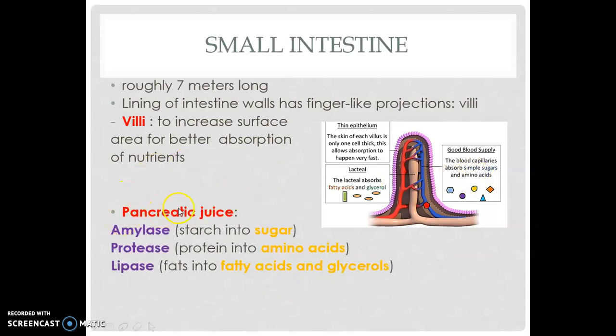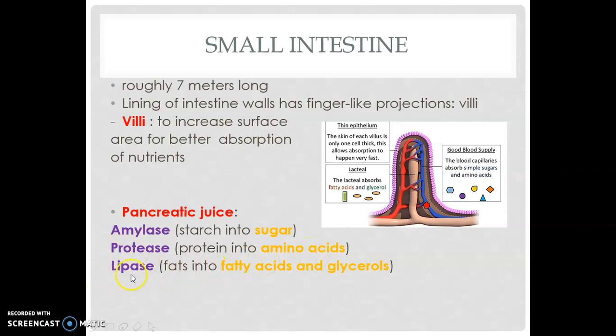The pancreatic juice is the one helping the digestion in the small intestine. The pancreatic juice contains three types of enzyme: amylase, protease, and lipase. Amylase is the specific enzyme to break down the starch into sugar. The protease breaks down the protein into amino acids.